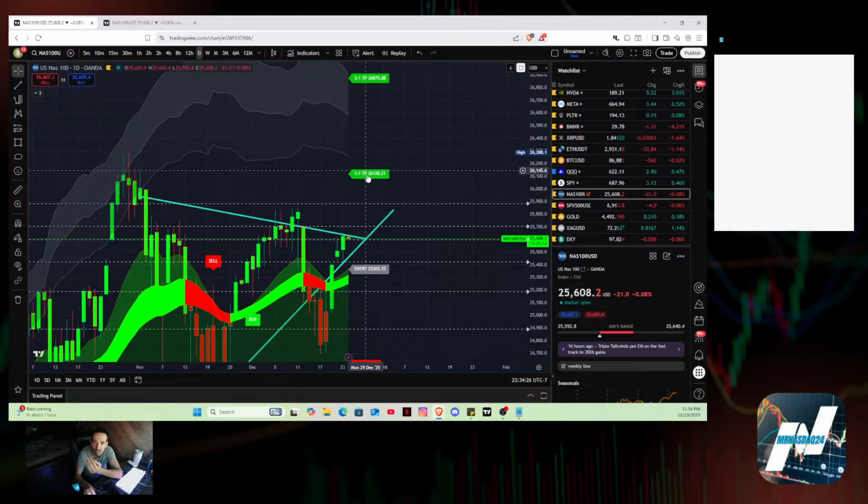It's gonna be testing this region as support, and by that time the Nasdaq is gonna be somewhere here, testing this region here. And by the time the S&P recovers and goes back up again, that's really when the Nasdaq is gonna continue next year and push on up and fly. I could see something like that happening.